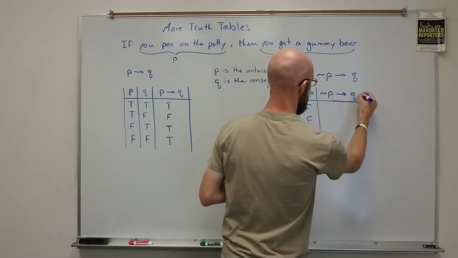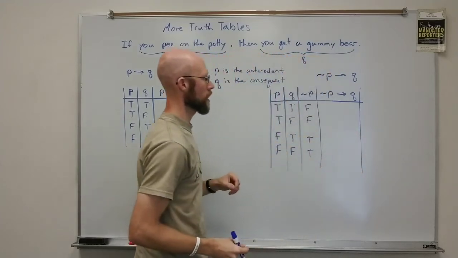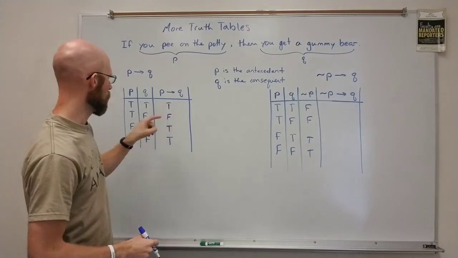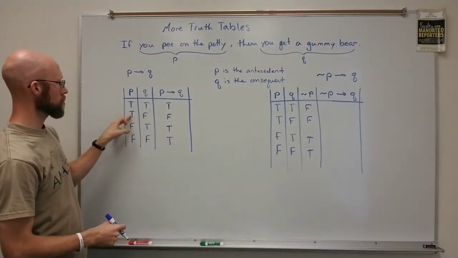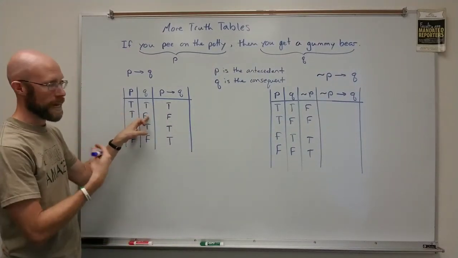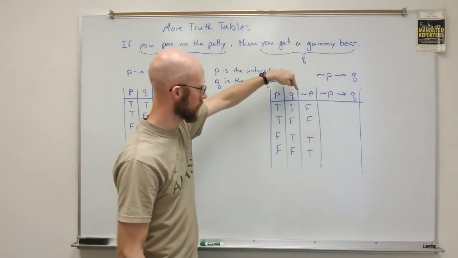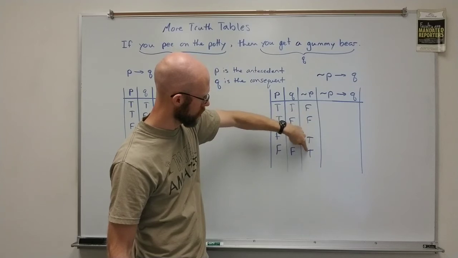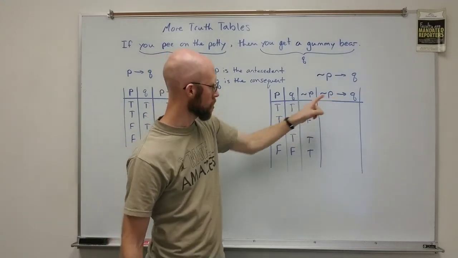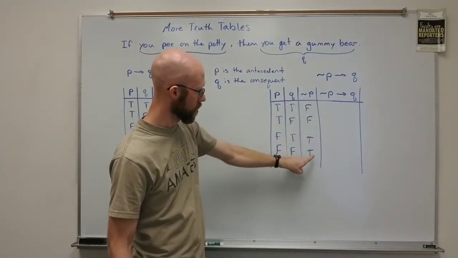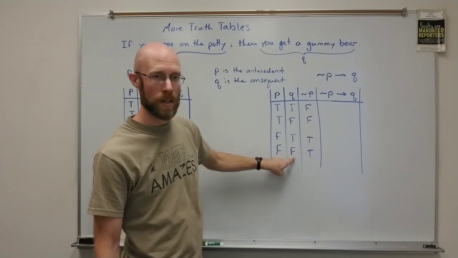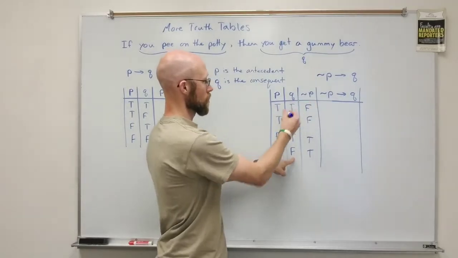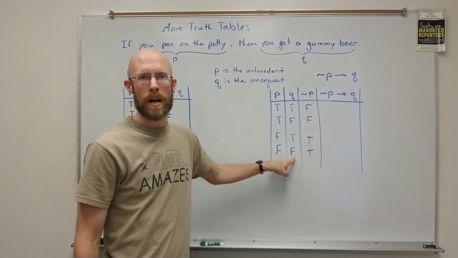And remember, when you're looking at a conditional statement, it's only false when the antecedent is true and the consequent is false. So look at this, the antecedent is listed here. I need that to be true, one of these two, and I need the consequent to be false. So that happens here. True antecedent, false consequent. Now they're in reverse order in the table. That's just because of the order in which I listed them.